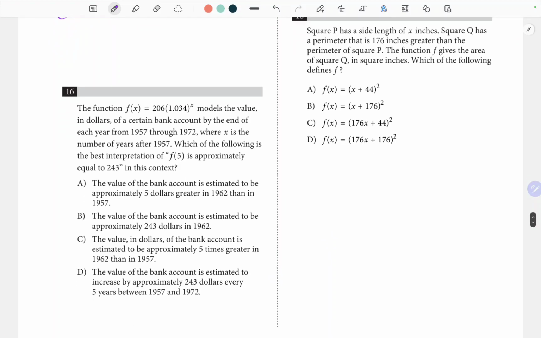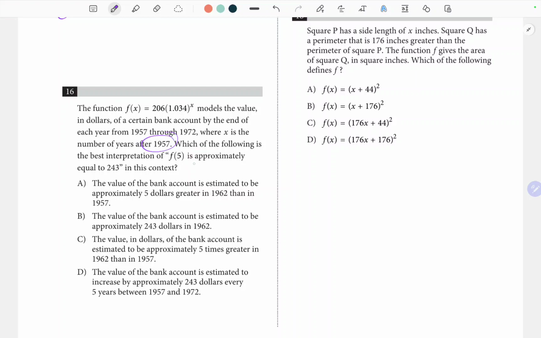Now question 16, that says this is the exponential function. A certain bank amount by the end of each year, 1957 through 1972, where x is the number of years after 1957. Which of the following is the best interpretation of f of 5? Okay, f of 5, and x is the number of years after 1957.